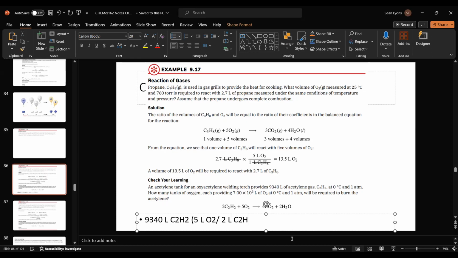So now this is telling us how many liters of oxygen are we going to need to react with that much acetylene. But we want to figure out how many tanks of oxygen are we going to need. So now what we have is 1 tank is equal to 7,000 liters of O2.